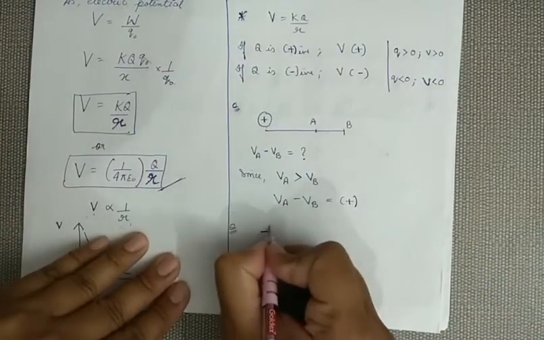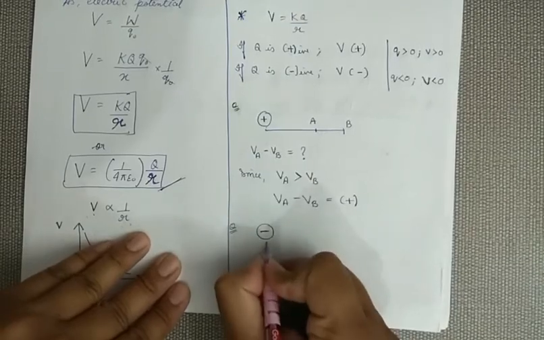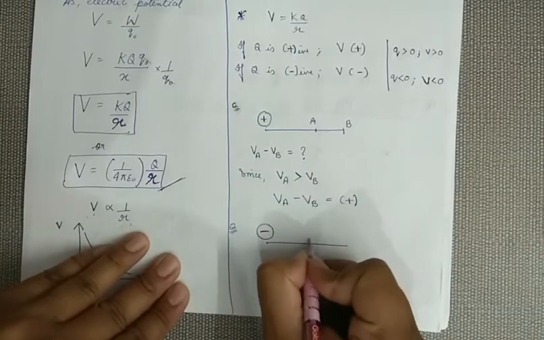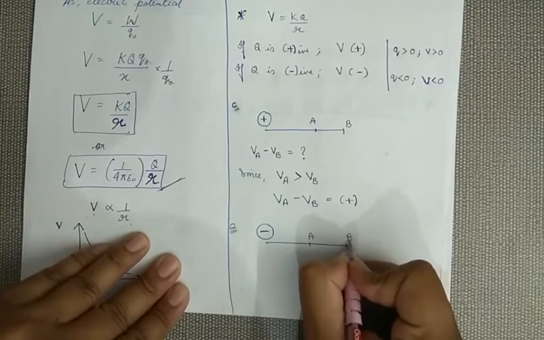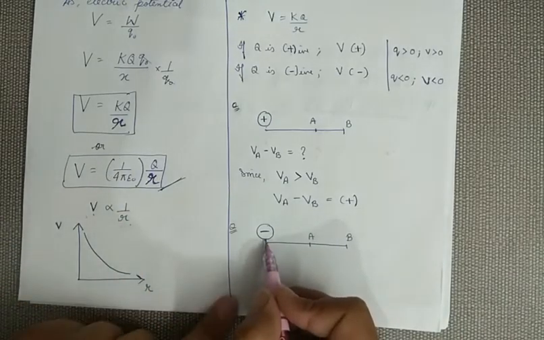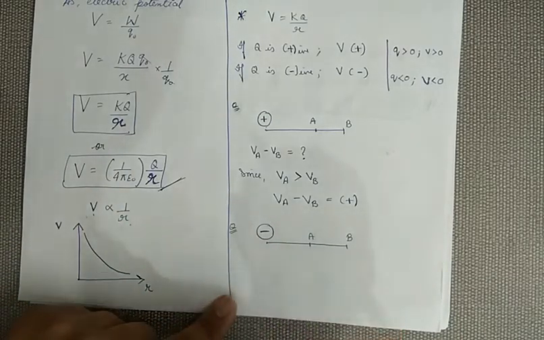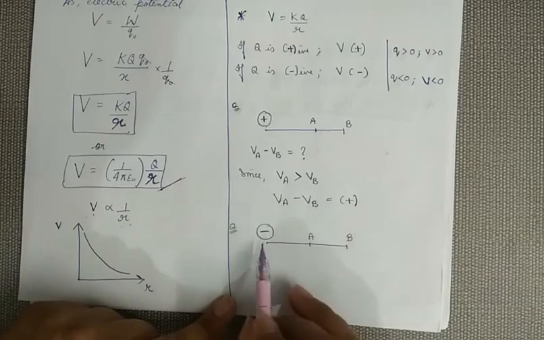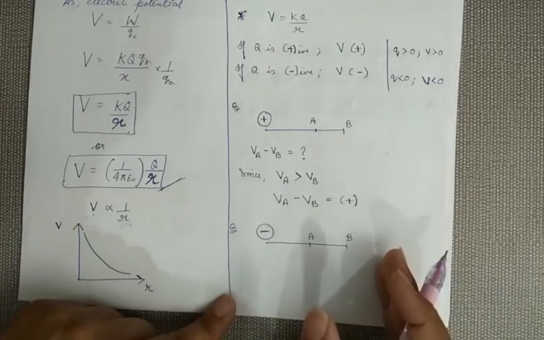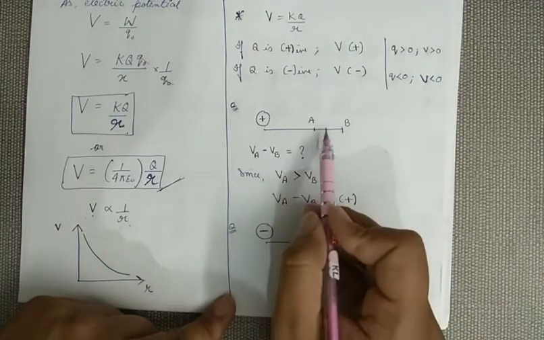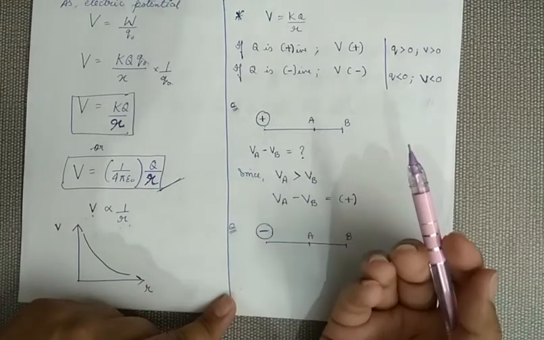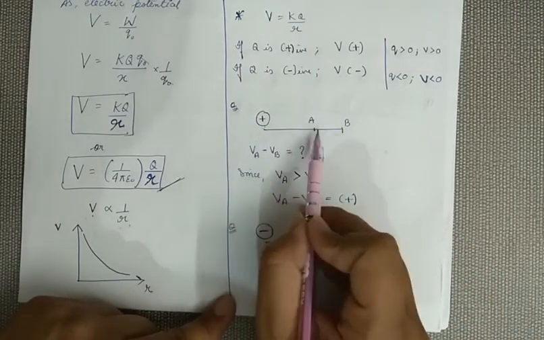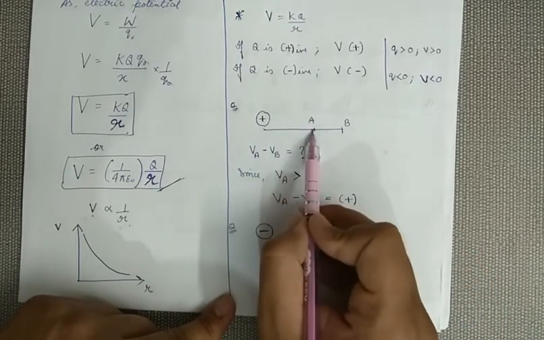Now this time consider this charge as negative. Again the same points A and B. Now here this is negative. In general talk we also say that always try to go away from the negative person and always try to be in contact with the positive person, just like this charge. If you are standing close to the positive, you will be at high potential.